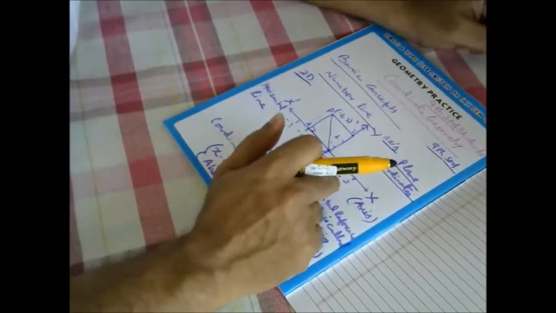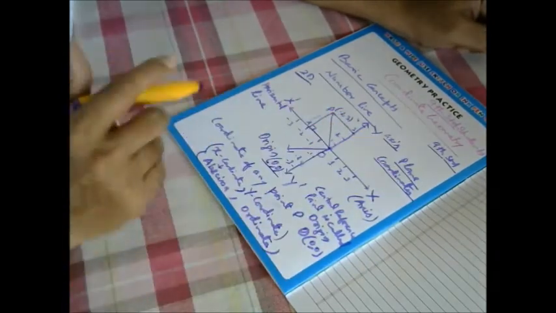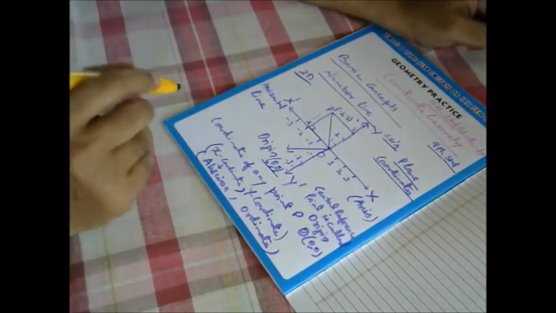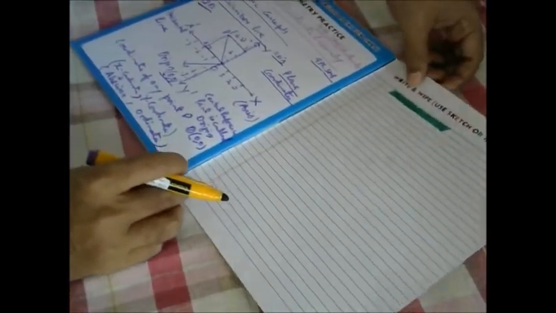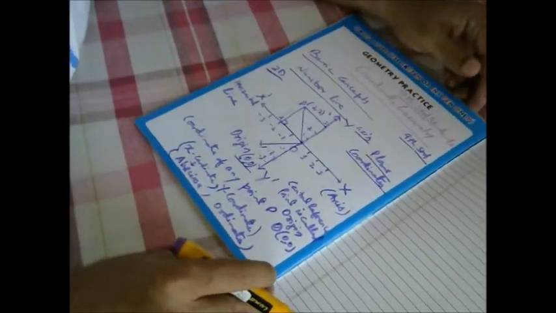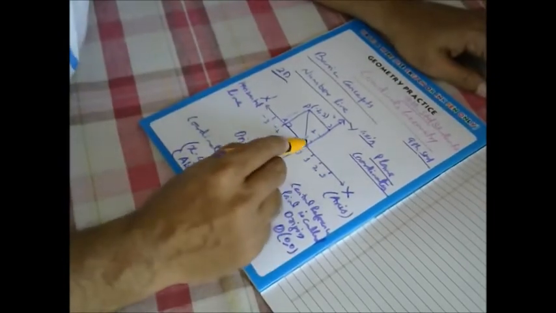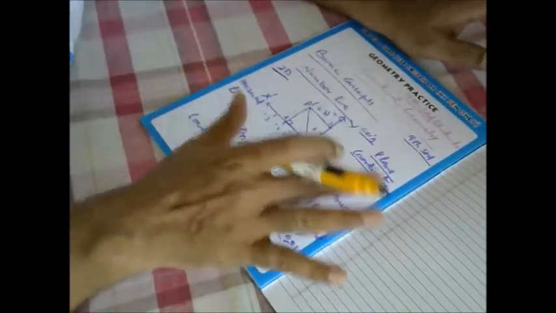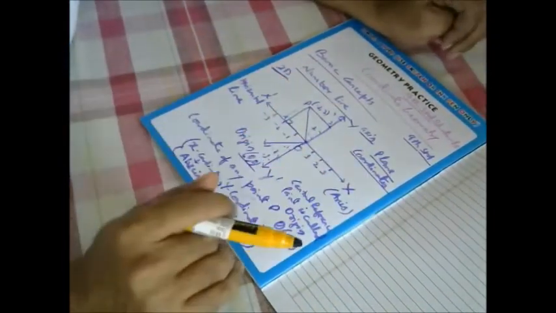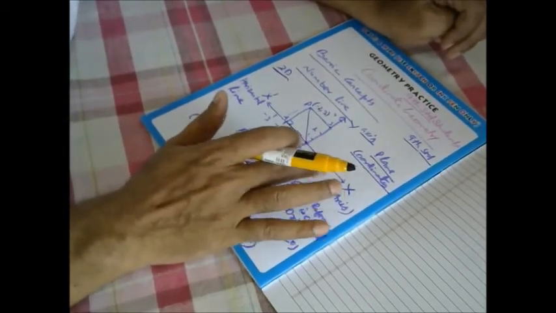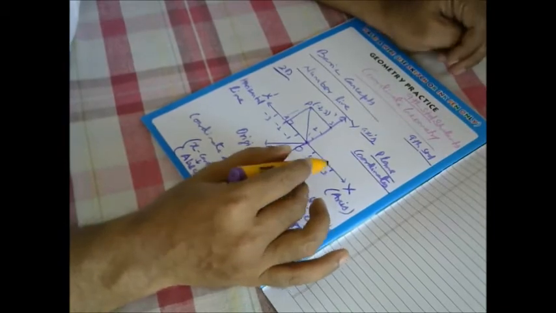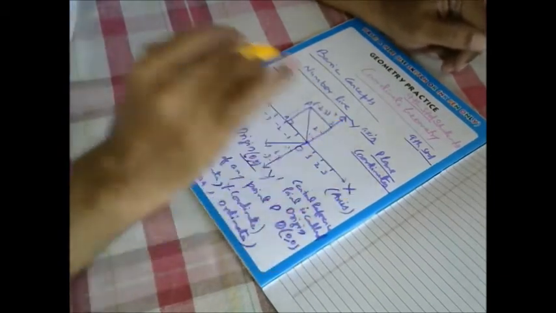Actually, for coordinates on the x-axis itself, I am telling you that the x coordinate is 3 and the y coordinate is 0 on the axis.